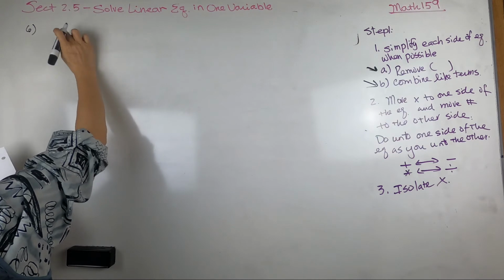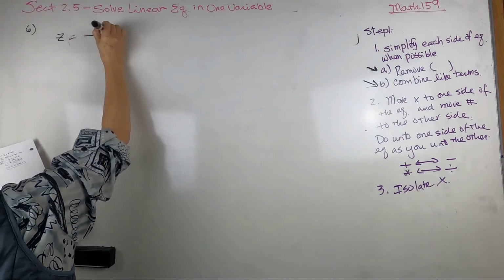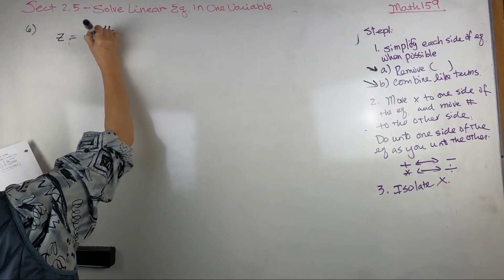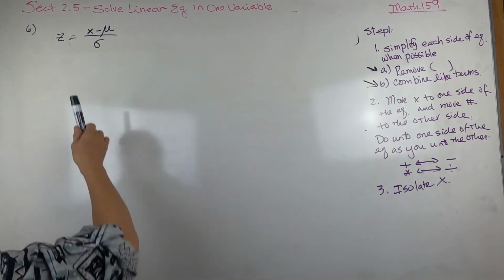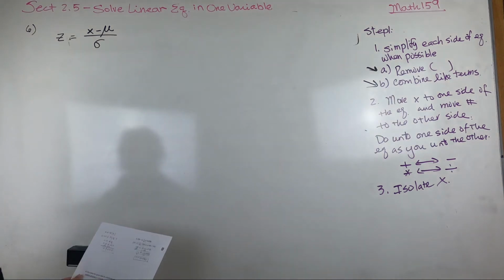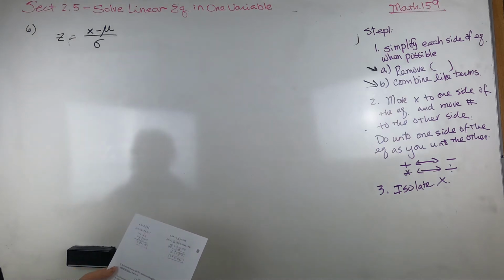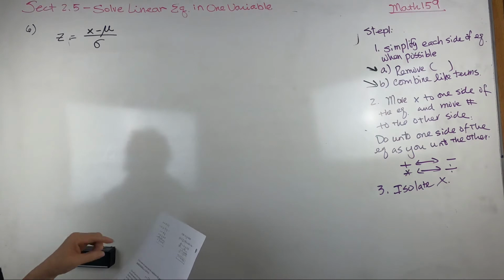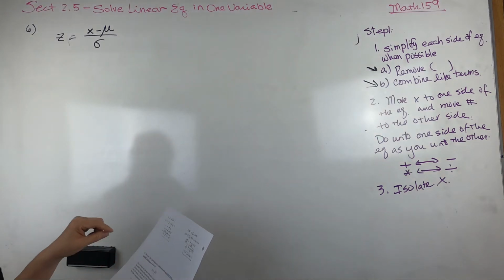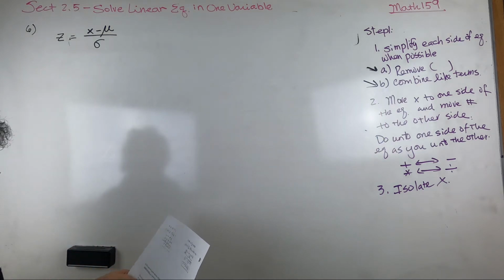And z-score is written like this, x minus mu over sigma. You don't know what mu means, what x means, what sigma means, right? So let's figure it out. But we can do the calculation, okay?